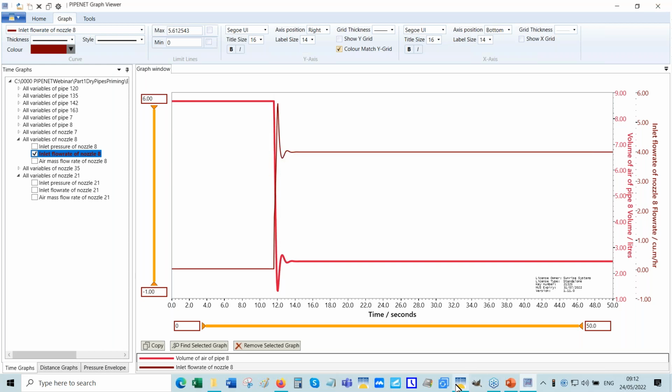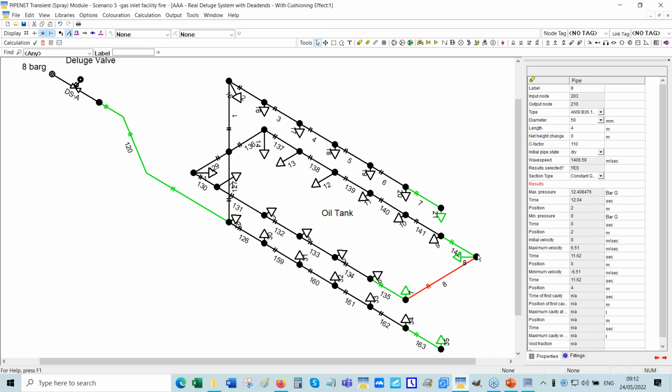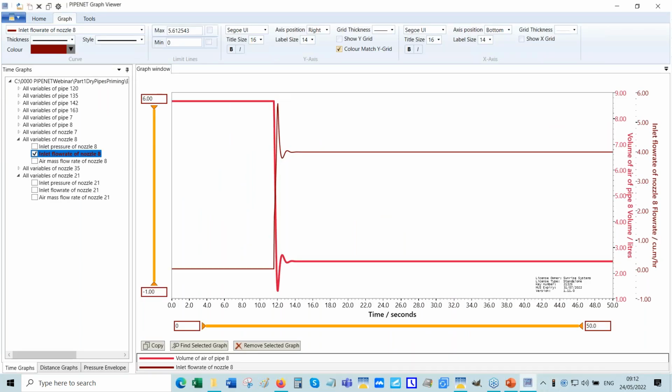In other words, the air getting compressed here changes the flow rate because it won't simply compress and stay compressed. It will actually change the volume. And as you can see, the volume will oscillate slightly, and the flow rate through the nozzle will also oscillate in response to this.